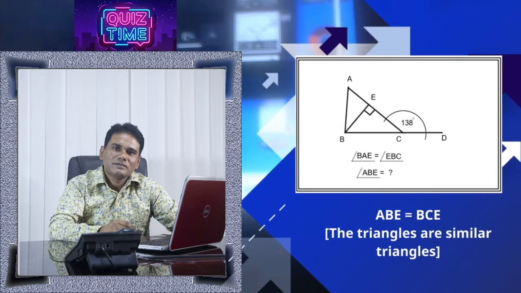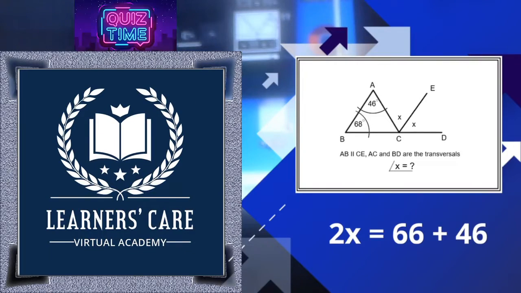You know that if one side of a triangle is extended, the value of the external angle will be equal to the sum of the values of the two opposite internal angles. So to find out the value of X, we have to add the given values of the opposite internal angles, and we can easily make the equation like X plus X is equal to the sum of the two values given. So X is equal to what? You can find out.